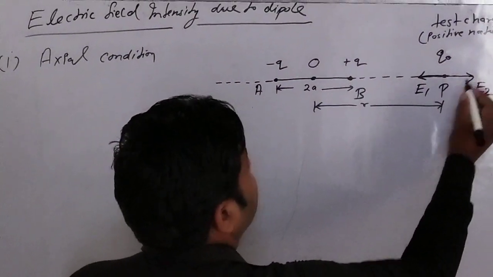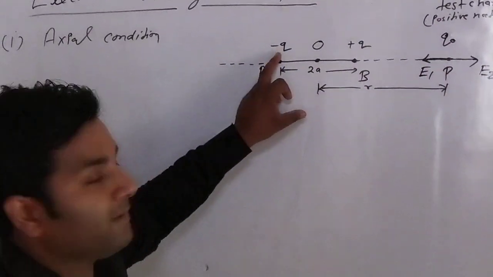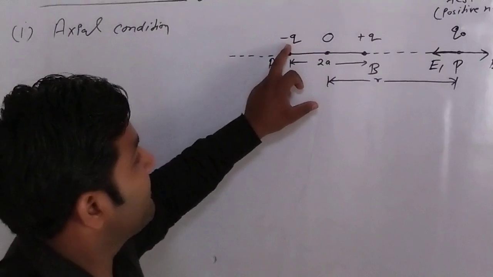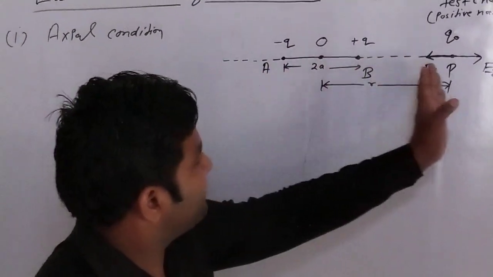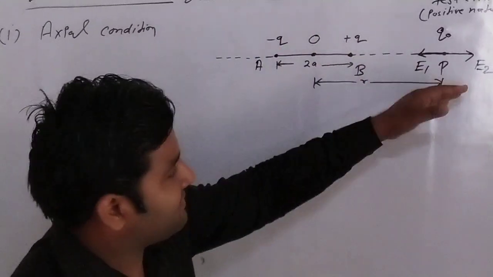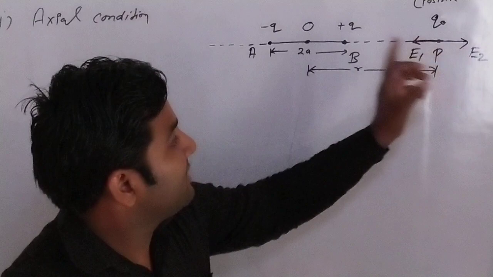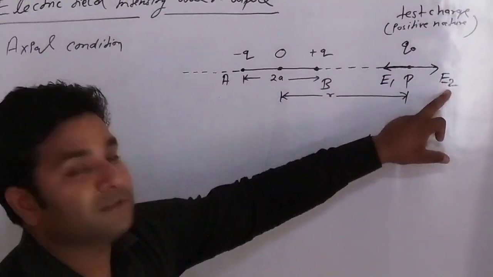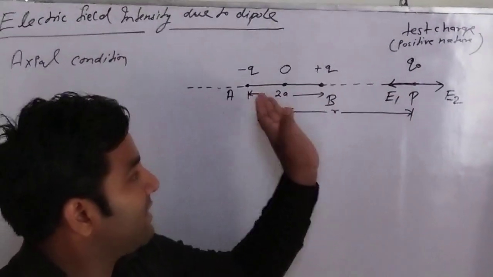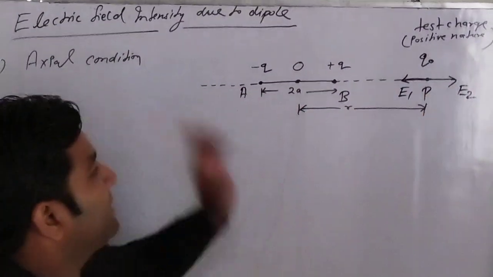Why is it taken this way? Because the test charge is positive, and at point A there is a minus q charge, which is attractive in nature, so towards PA. Here plus and plus is repulsive, so along BP. So due to the plus q charge the intensity E2 is along BP, and due to the minus q charge the intensity is along PA.